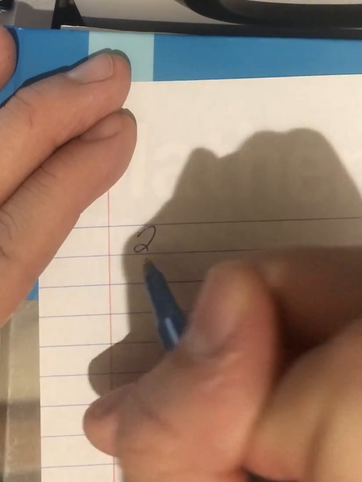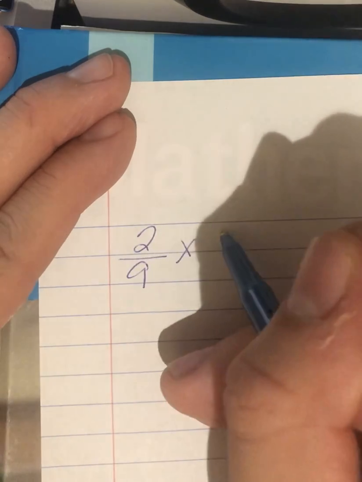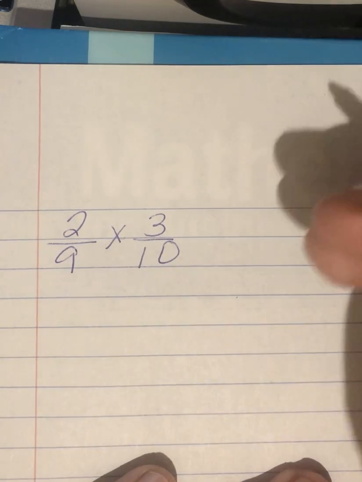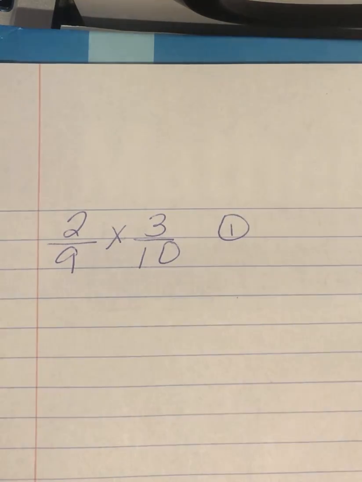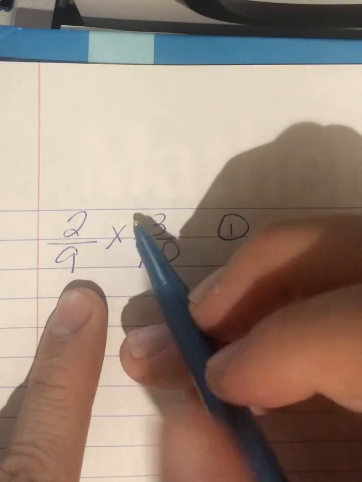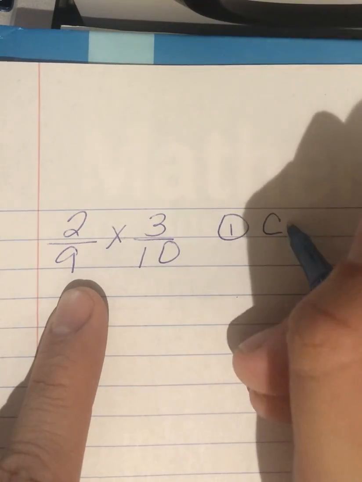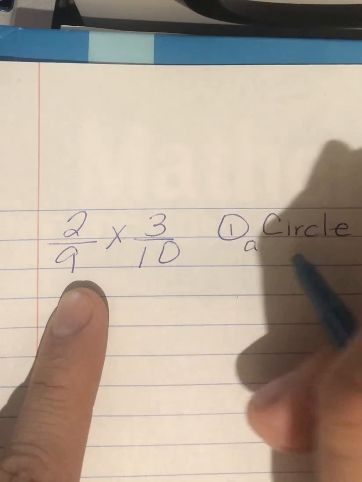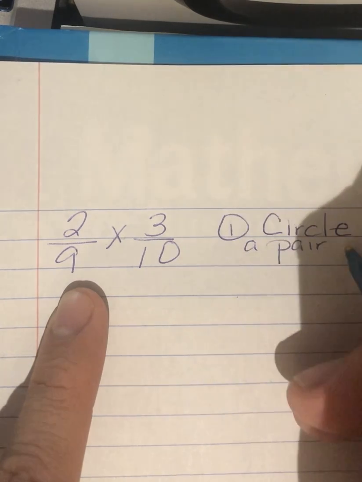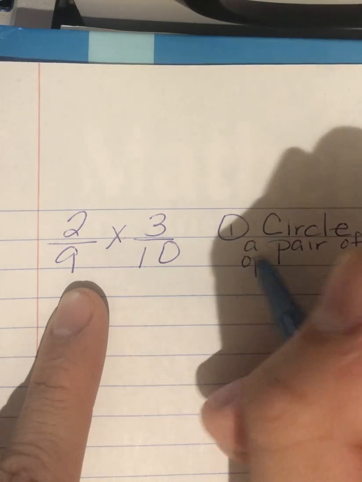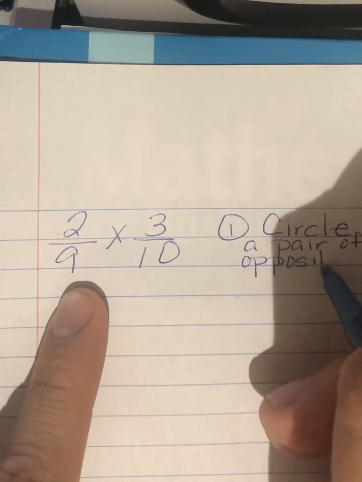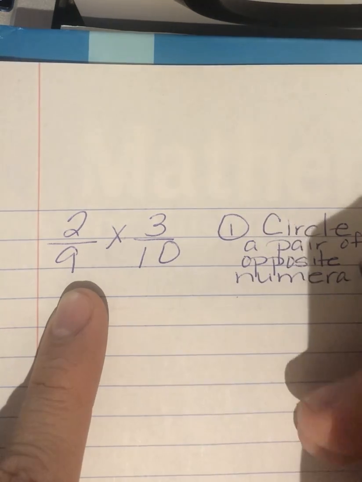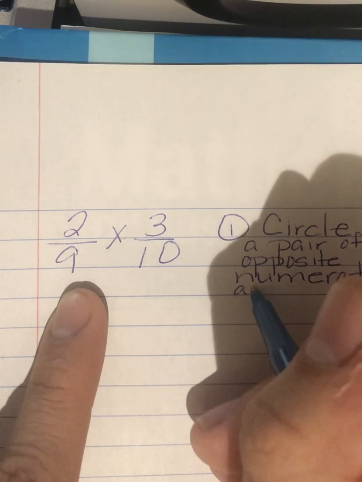2/9 times 3/10. Our first step in cross simplifying is to circle a pair of opposite numerators and denominators.